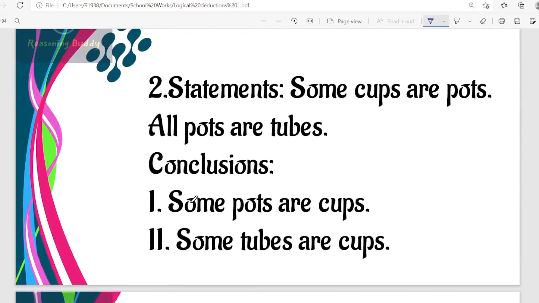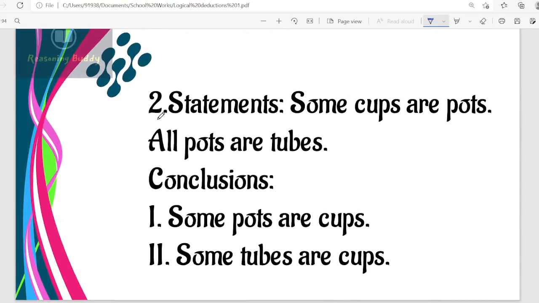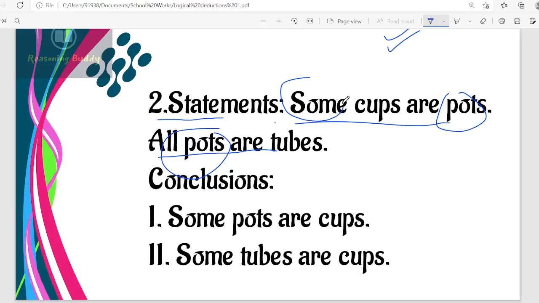Next statement. Some cups are pots. All pots are tubes. So common term is pots, and it is distributed at least once, and first two rules are confirmed, and third, fourth rules are not possible, fifth rule also not possible, and sixth rule is possible, that is particular.